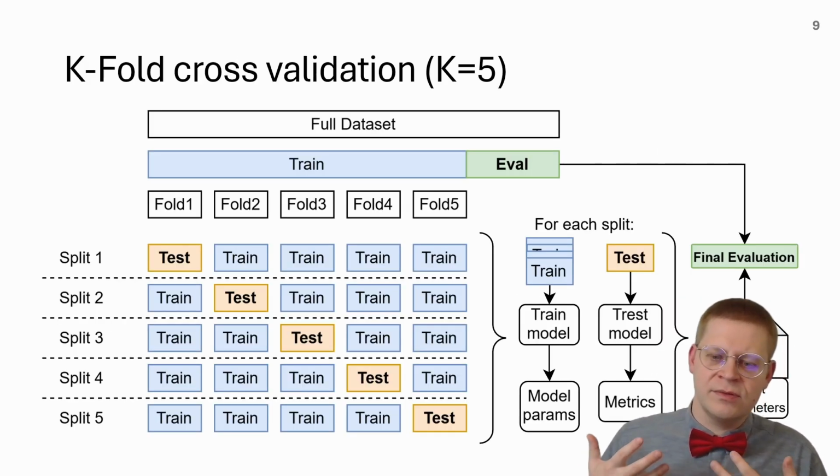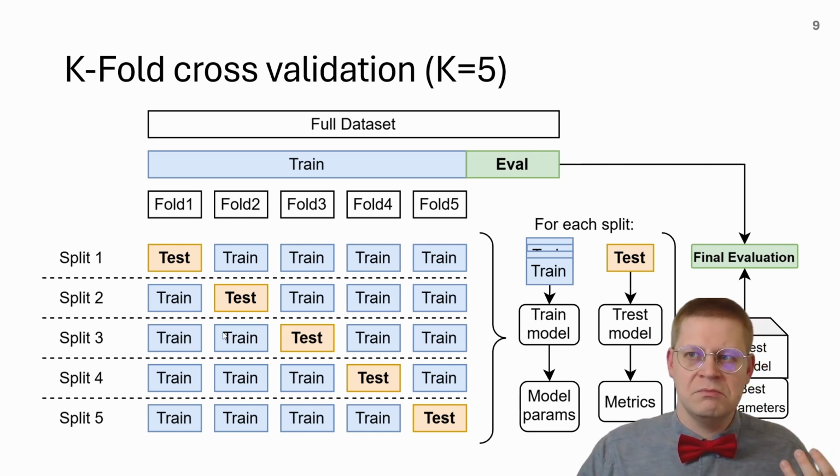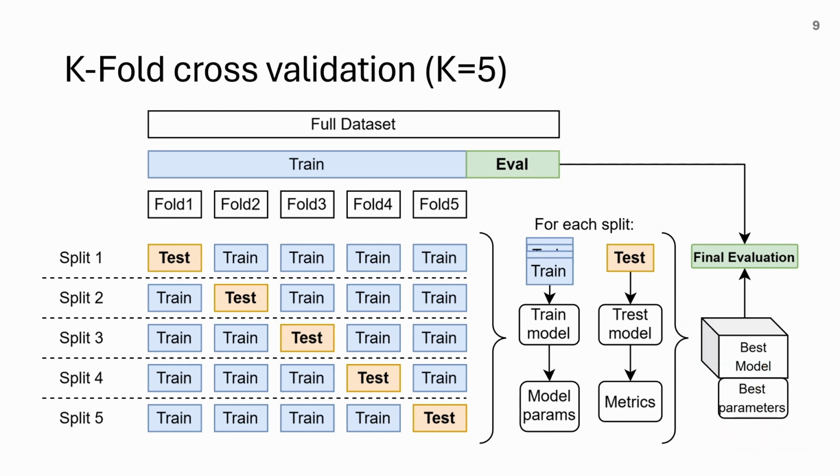First, let's talk about K-fold cross-validation. Let us use 5 as our number. We take our data set and split it into 5 roughly equal parts. For each round, we use 4 of those parts for training and the remaining 1 part for validation.